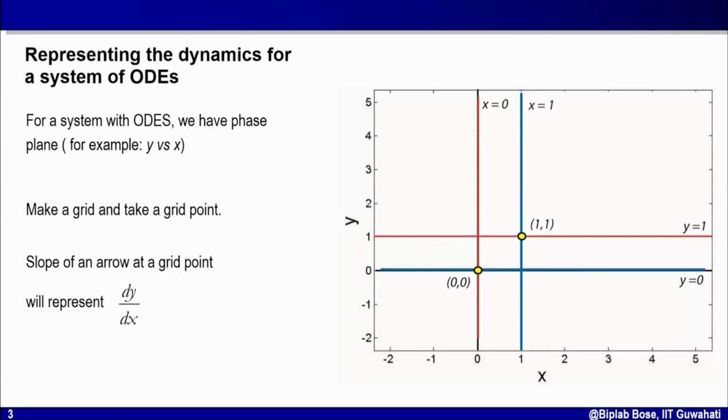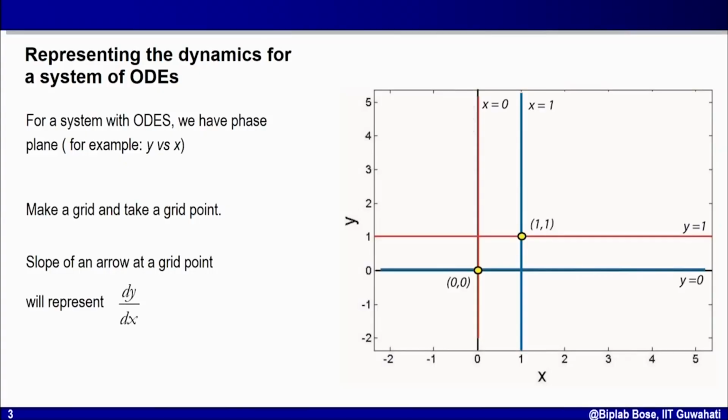If you remember, for a phase plane, suppose I have two dependent variables, x and y. That means I have two differential equations, one giving dx/dt, another one giving dy/dt. So if I have a two-dimensional system, I can draw a phase plane with x in the horizontal axis, y in the vertical axis.